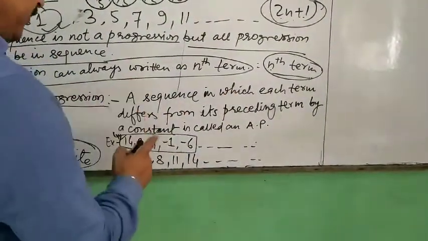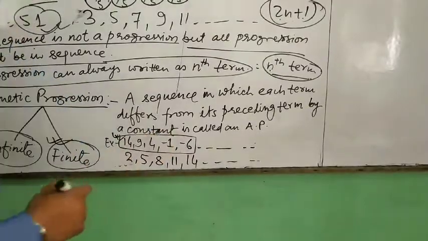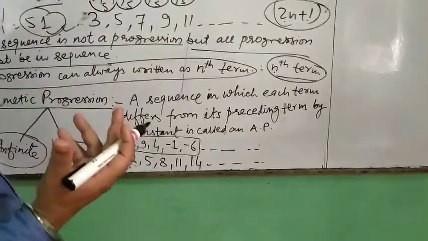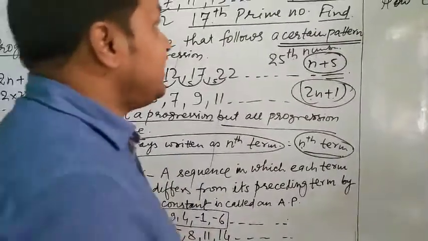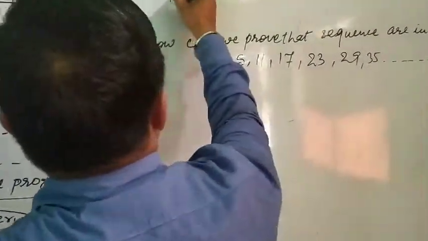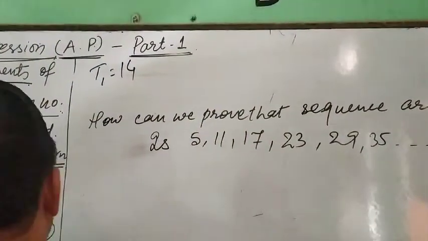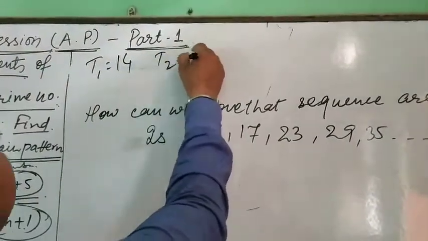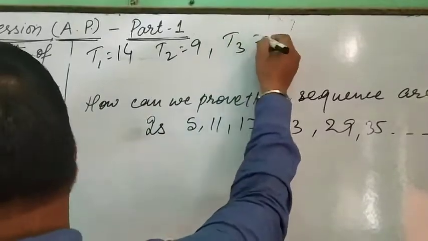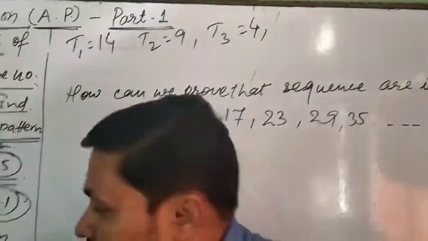So in the arithmetic progression, what do you mean by constant? The preceding term, that means 14 is T1, term 1. Term 2 equal to 9, term 3 equal to 4.